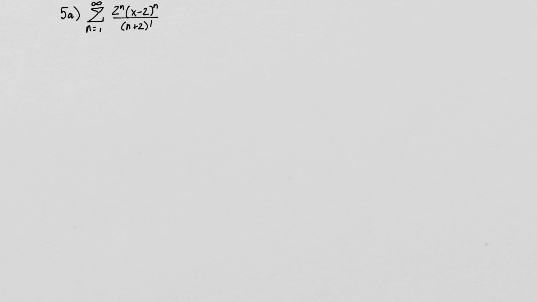Any problem that asks you to find the interval and radius of convergence, the first thing you're going to do is the ratio test, or the root test, but we're pretty much doing the ratio test.